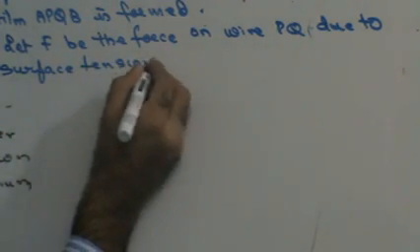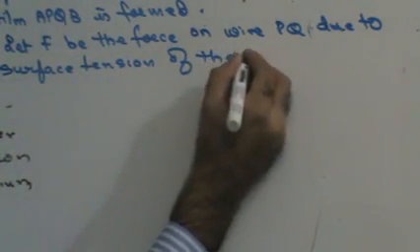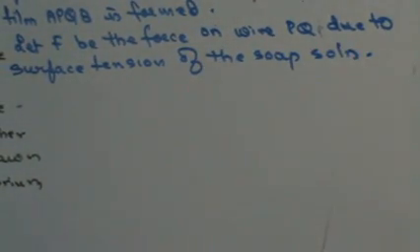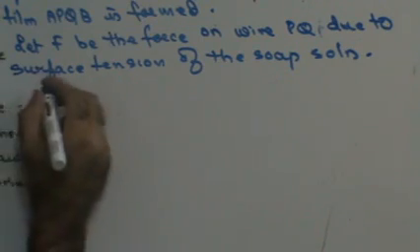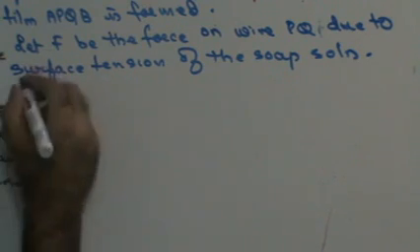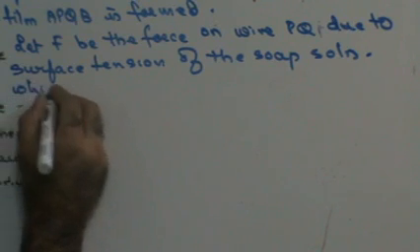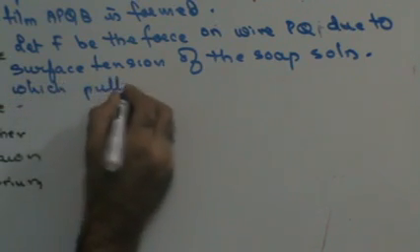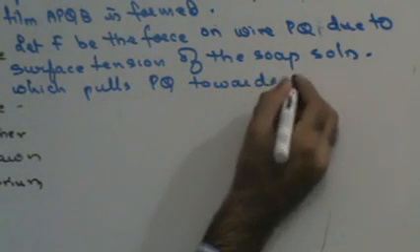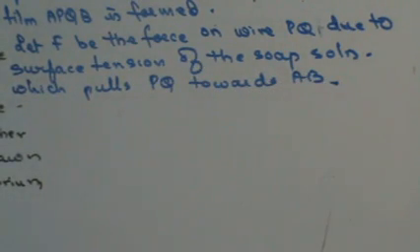This force will try to pull wire PQ towards AB. Right?